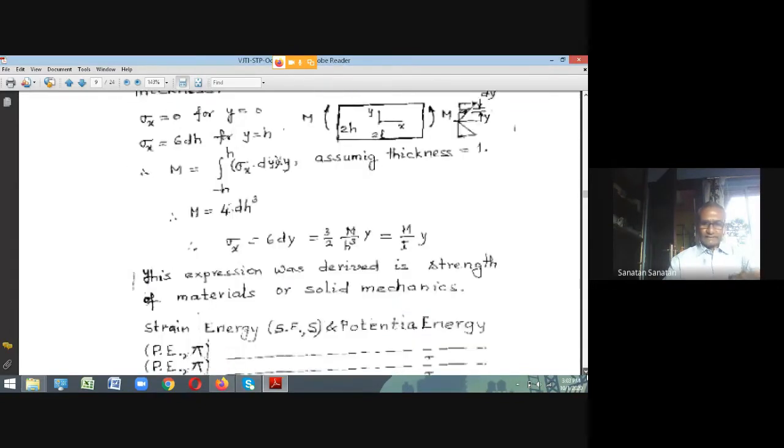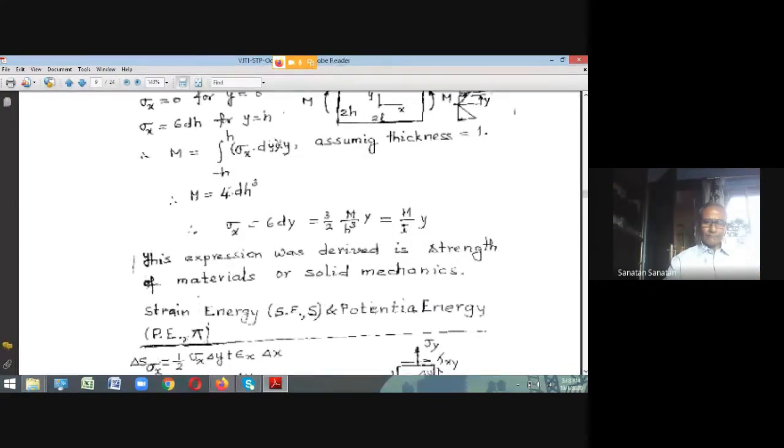So from this relation, if you finally write sigma X equal to 6dy, that is nothing but 3 by 2 M by H cube into Y. So M by I into Y. You remember that simple bending stress due to bending moment on a rectangular plate is M by I into Y. So we have got the formula derived.